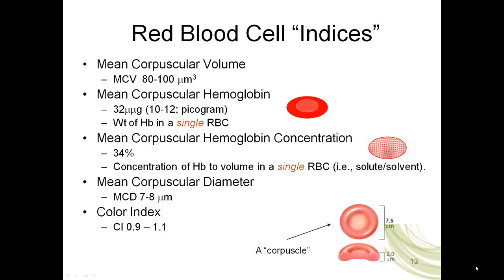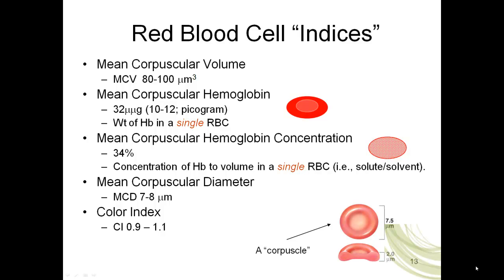Let's say we had 34 women in our 100 students, then the women would comprise 34% of our class volume. So again, mean corpuscular hemoglobin concentration is a ratio, a way of describing the mass of hemoglobin compared to the volume of a single red blood cell. So it's a solute to solvent kind of ratio.